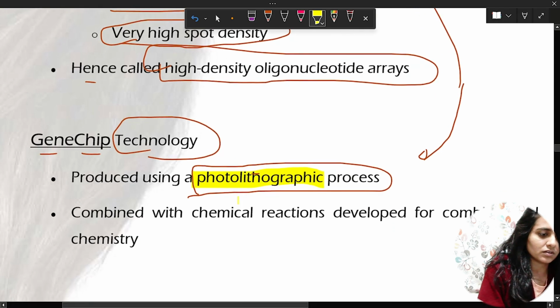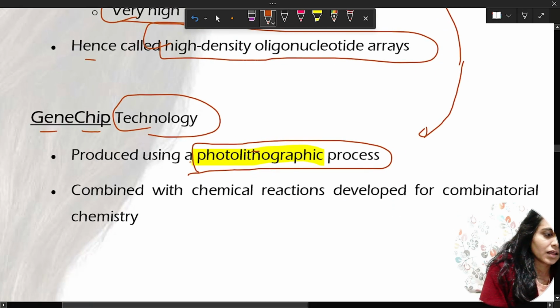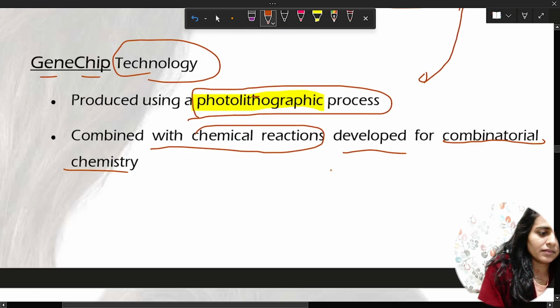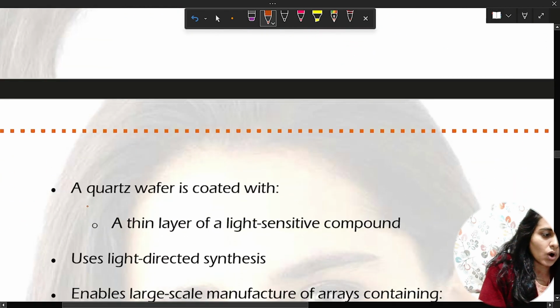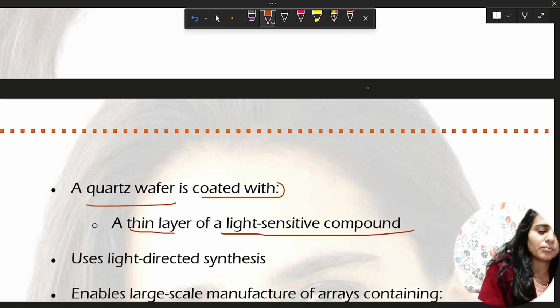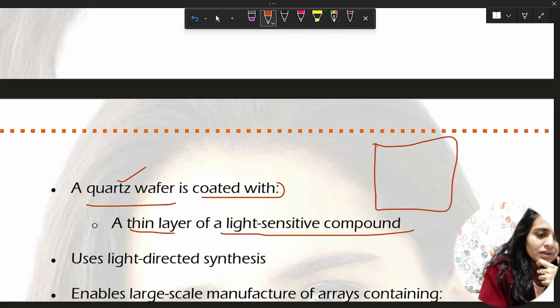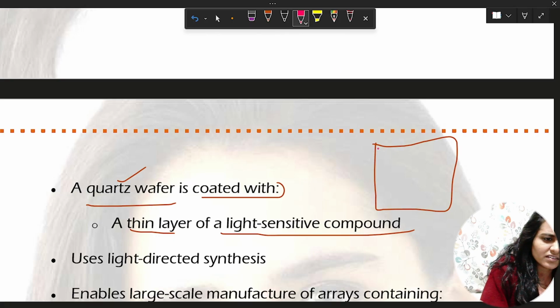The photolithographic procedure combined with chemical reaction develops a combinatorial chemistry. A quartz wafer, which is our solid surface, is coated with a thin layer of light-sensitive compound.